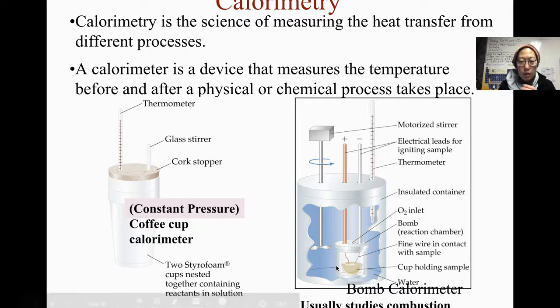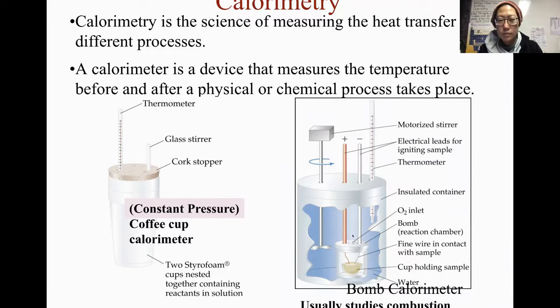That heat gets transferred out of the bomb and gets absorbed by the surrounding water. So the thermometer picks up the increase in kinetic energy in the water after the bomb combusts the sample. And it measures this temperature change in the water due to the release of energy from the bomb.